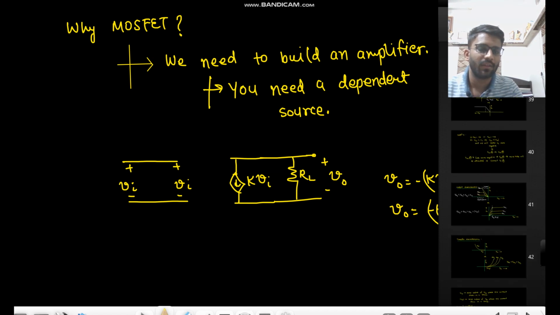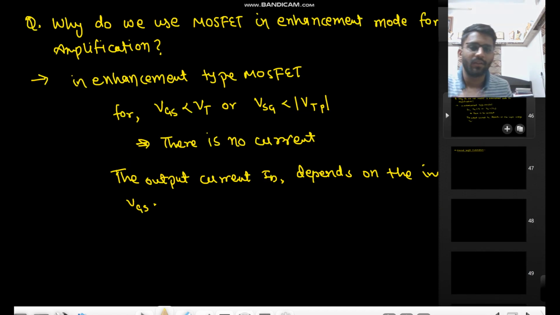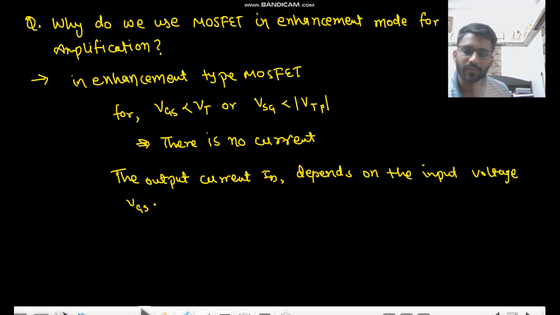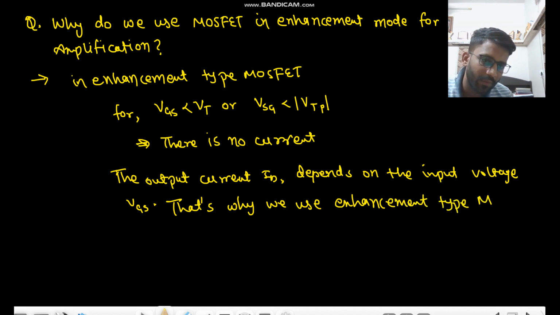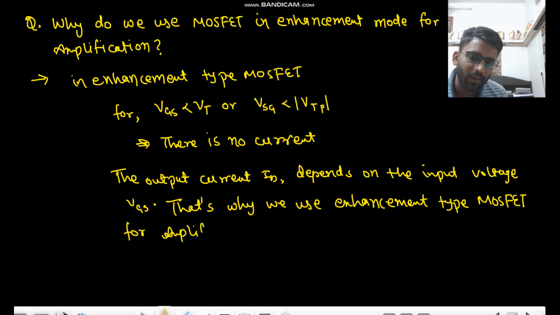That's why we use enhancement type MOSFET for amplification.